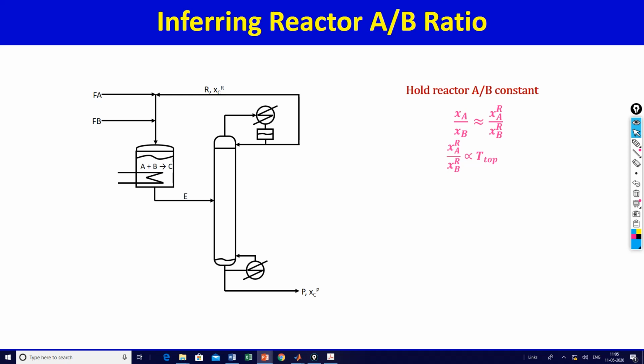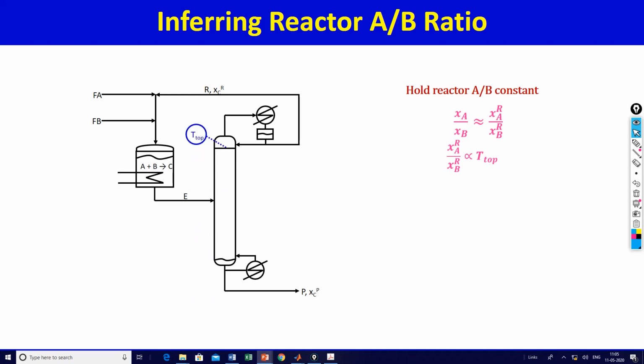So T top is a good inferential measure of the A by B ratio in the recycle, and because the A by B ratio in the recycle is approximately the same as the A by B ratio in the reactor, we can say T top is a good inferential measure of A to B proportion in the reactor.